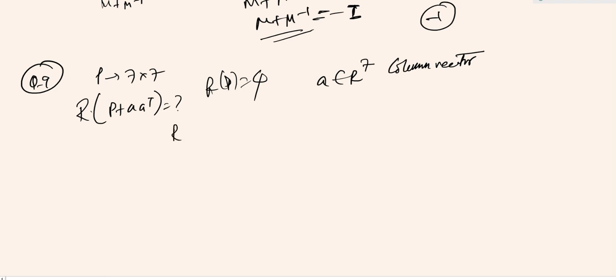So rank of P is what? 4, and rank of A A transpose is 1. A into A transpose, so that also gives you rank 1.